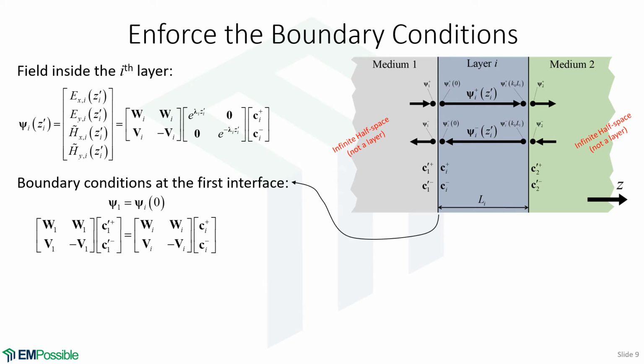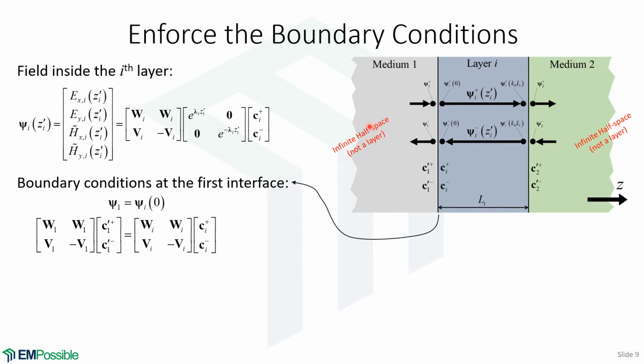So let's look at the first interface. We are essentially setting these two psi's equal to each other. So whatever the psi is in medium 1, we have to set that equal to whatever the psi is in layer i at z equals 0. So in terms of how we're writing our fields, this is how we express both of them. Now remember, for psi in medium 1, we're only ever caring about the fields immediately at the interface.